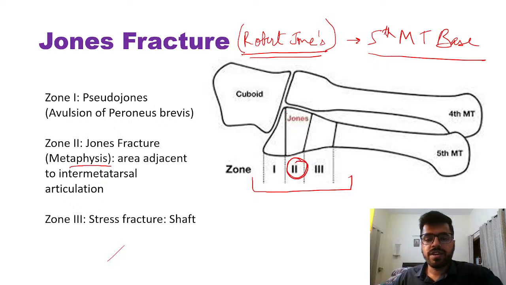So where exactly does the fracture occur? Here it is, the fracture line passing like this. The area which is articulating with the fourth metatarsal is the intermetatarsal articulation. इस रीजन में जो फ्रैक्चर होगा, that will be Jones fracture.